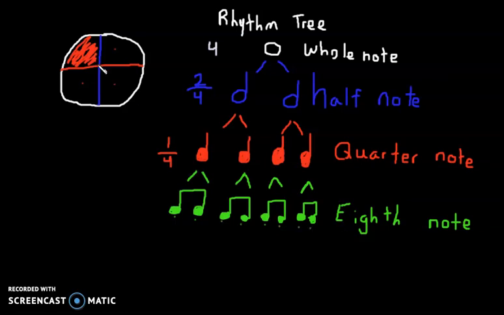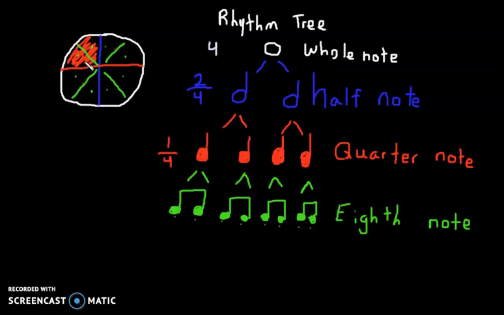And back here at our pizza, we can split every quarter into 2, just like we did with our notes. So now we have 1, 2, 3, 4, 6, 7, 8. 8 notes, 8 slices.